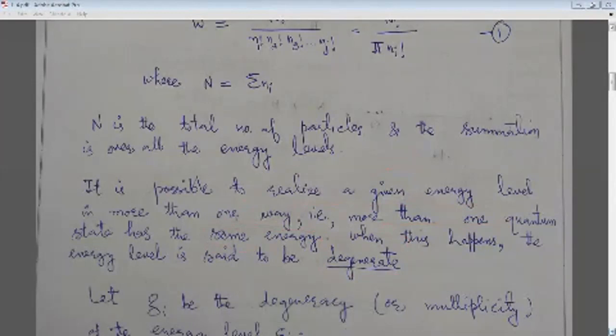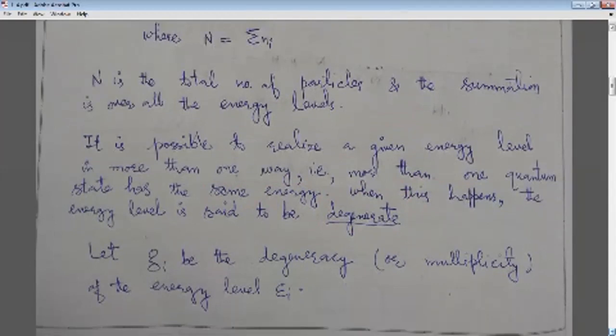Now suppose we represent this degeneracy by a symbol small g subscript i, gi, or this is also sometimes called the multiplicity of the energy level. Suppose we are dealing with the energy level Ei.